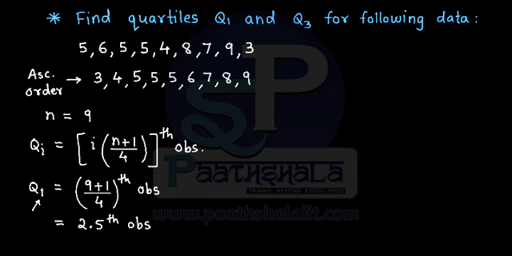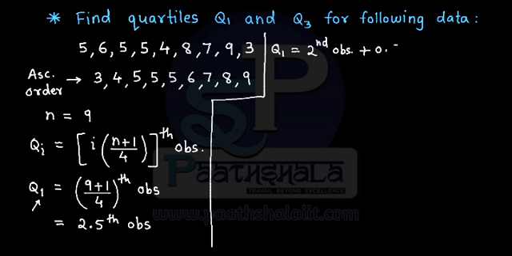Of course we never say 2.5th observation as such in reality. What this formula actually means is that the 2.5th observation is the second observation plus 0.5 into (third observation minus second observation).